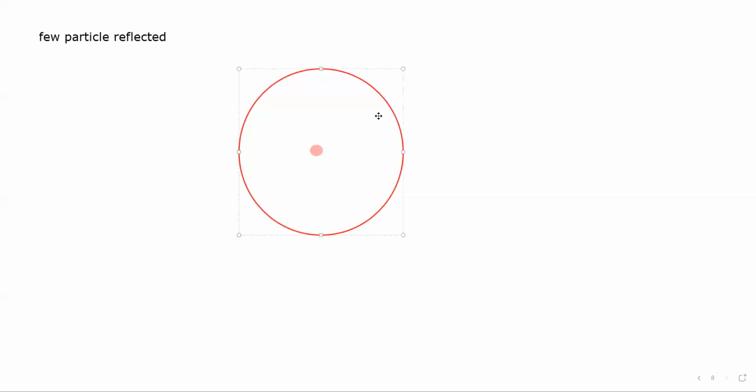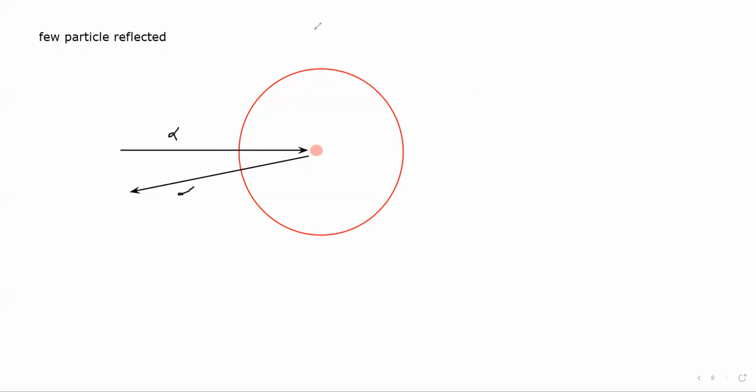And the third conclusion was about few particles bouncing back or reflected. How did he explain this observation? He said that reflection can only occur when two matters collide with each other, like a collision or an interaction of matter. So he concluded that if an alpha particle directly hits the nucleus, it will bounce back.